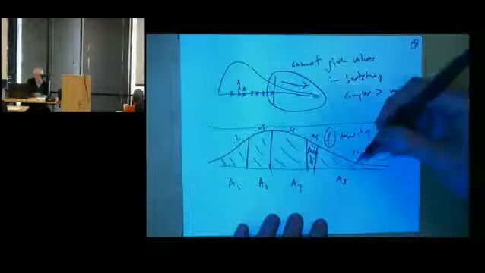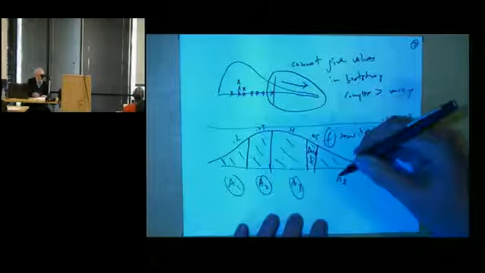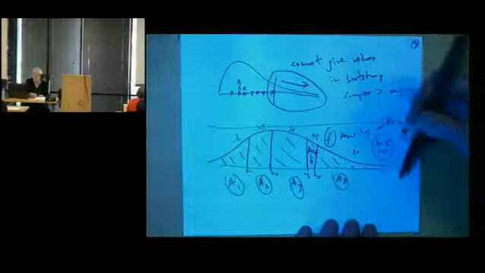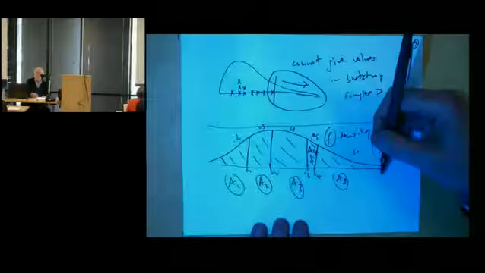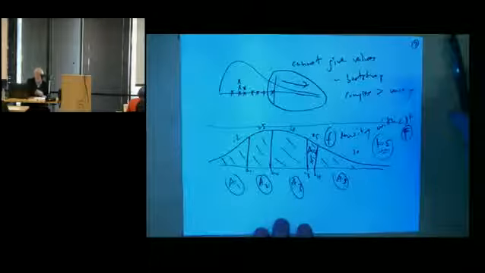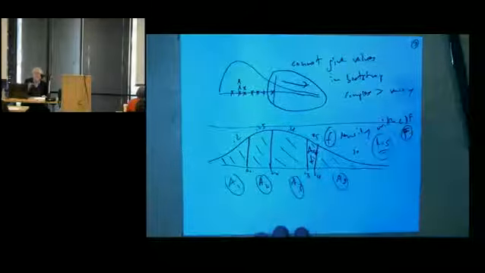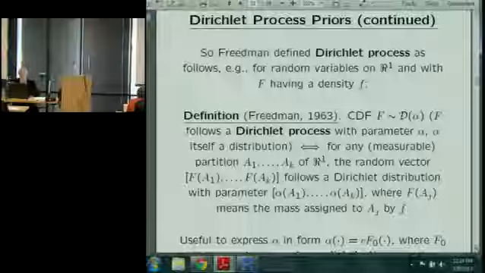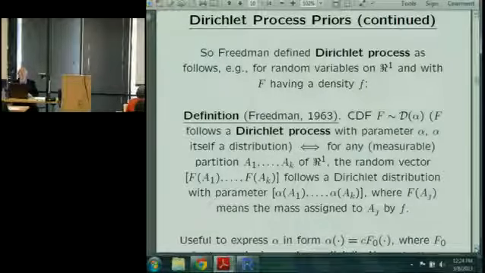For any partition of the real line, which we obtain by picking k minus 1 cut points, so this is cut point 1, cut point 2, cut point 3, cut point 4, that partitions the real line into 5 sets. I make a random vector that consists of how much probability is in each of those little sets. And I force that little random vector to have a Dirichlet distribution, because it is a bunch of thetas that add up to 1, whose parameters depend upon the thing that I'm trying to focus upon. I didn't say that very clearly, and I'm going to try over lunch to figure out a clearer way to say it for you.